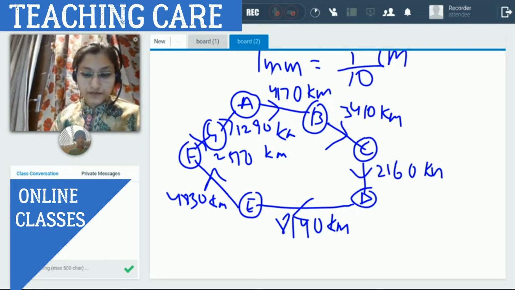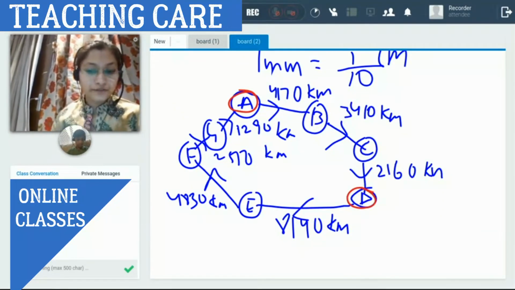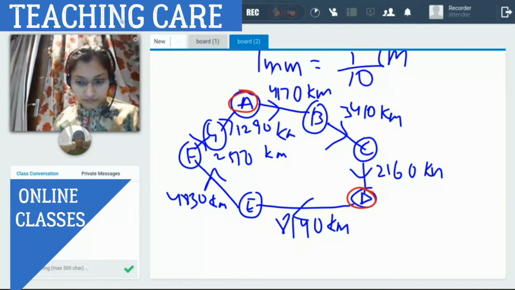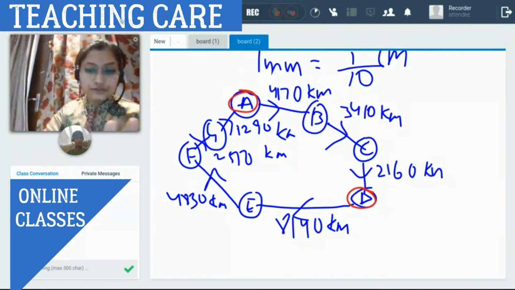We just need to calculate the total distance covered when the bus moves from point A to point D. It's very simple.